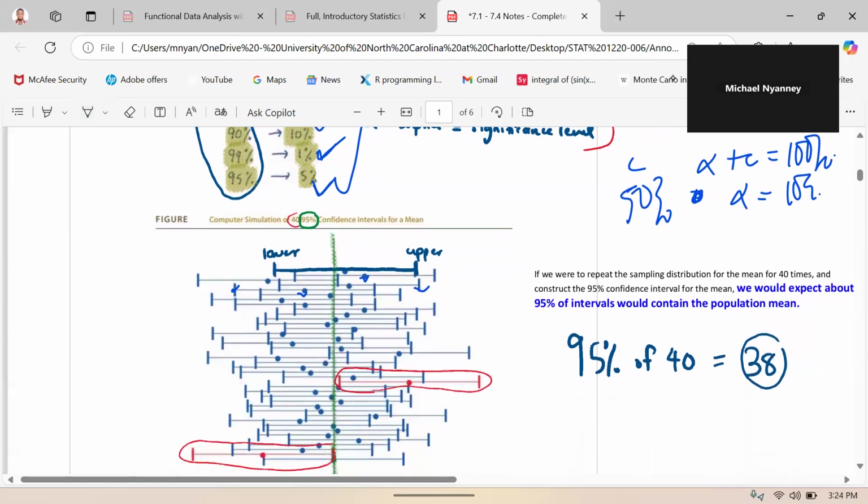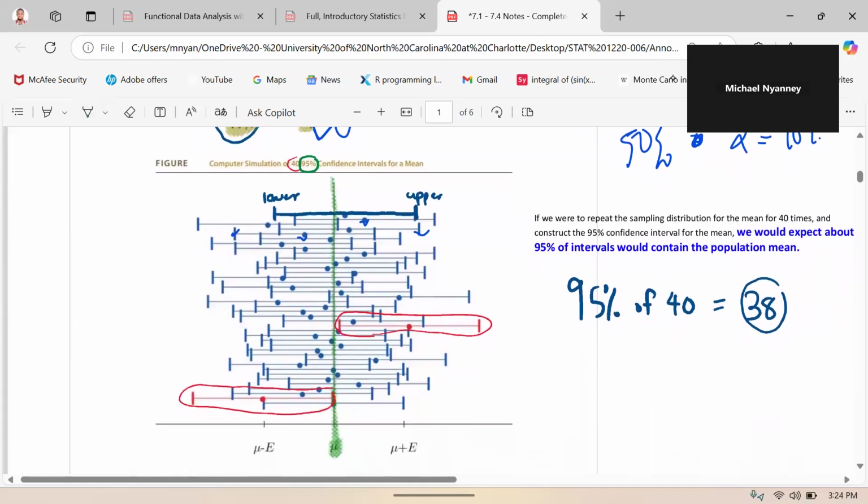Okay, so let's check this figure. In this figure, we have 40 samples, and in each sample we have an x bar. This x bar is the point estimate, which represents the center of the interval.